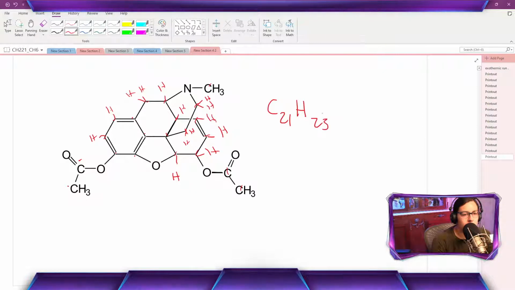So H23. And then let's see, nitrogen. The rest are in alphabetical order. So nitrogen, we have 1 nitrogen. And then let's count up our oxygens. So 1, 2, 3, 4, 5 oxygens.